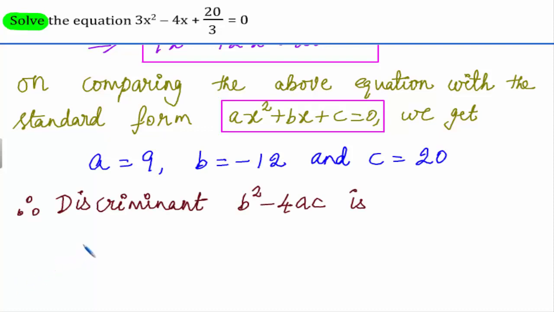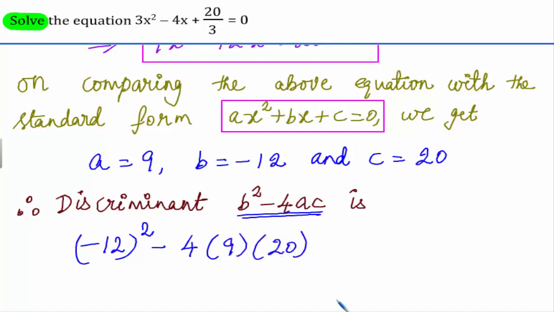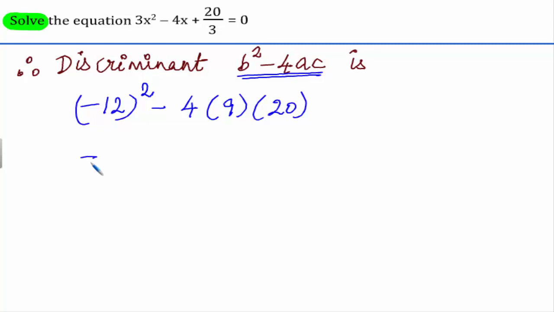Therefore, discriminant b square minus 4ac is minus 12 whole square minus 4 multiplied by 9 multiplied by 20. This will be equal to 144 minus 720. This will be equal to minus 576. Therefore, discriminant is equal to minus 576.